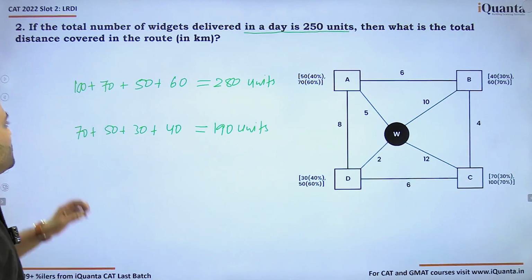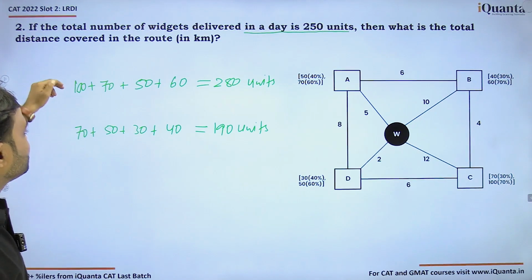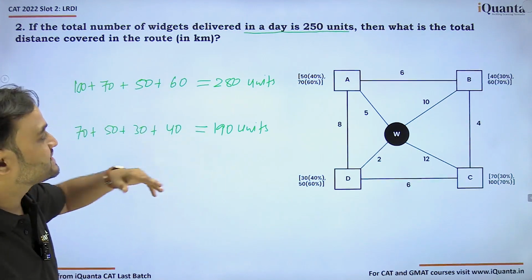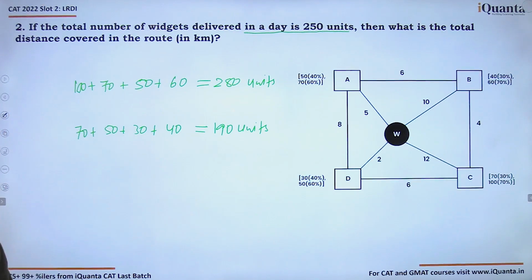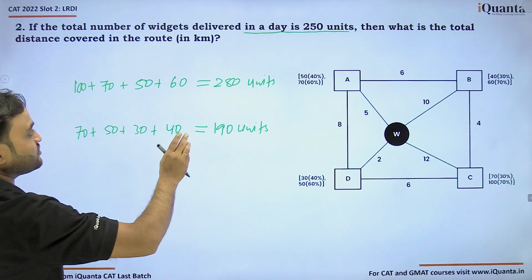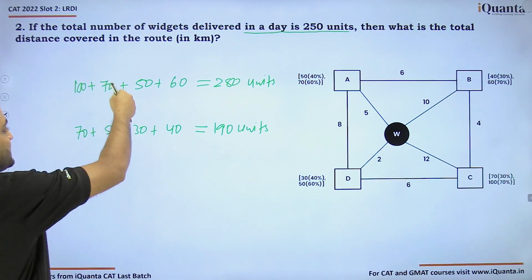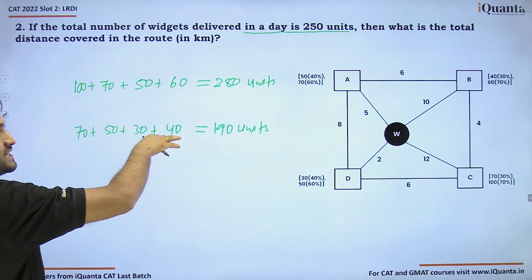Now what we can do? We can decrease this value by 30. If you decrease this value by 30 only and keep the remaining as it is, we get 250 units. If you decrease this value by 20 and keep the remaining same, then you get 260 units, not 250 units. So the difference is 20 in the rest of the three cases.